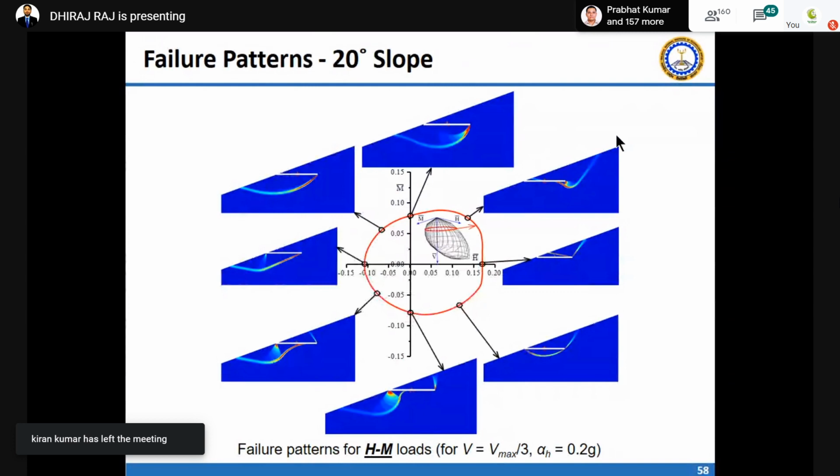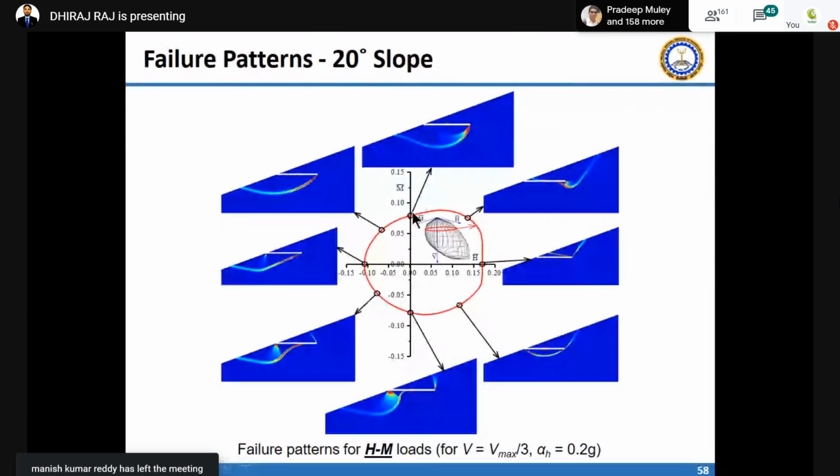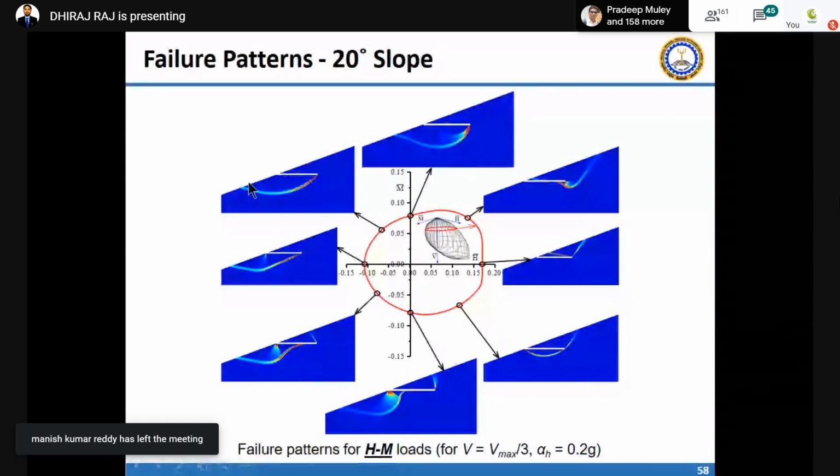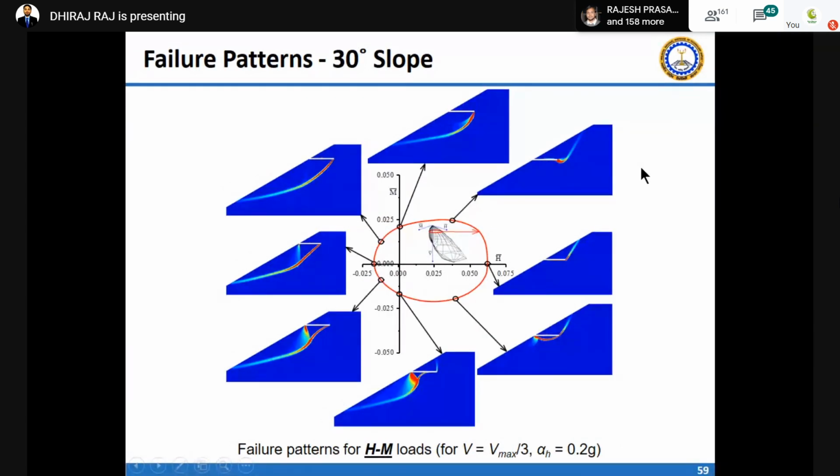Here you can see that in case of a 20-degree slope, if the foundation is subjected to negative moment and vertical load, the failure surface is completely different from when it is subjected to positive moment, vertical load and shear forces. So these failure surfaces are completely opposite in this section. Similarly, for 30-degree slopes, which I'm showing you just as an example.